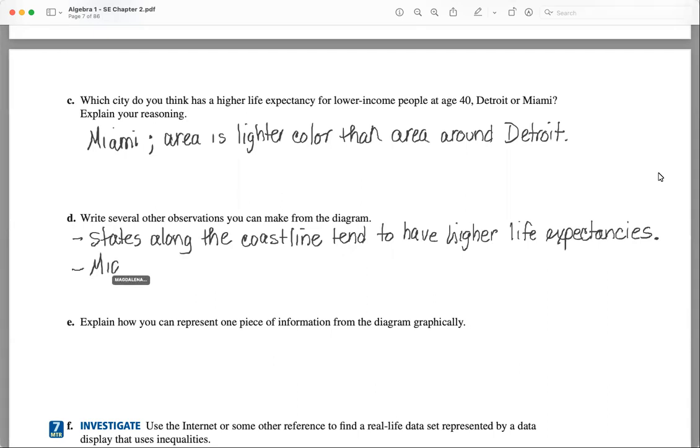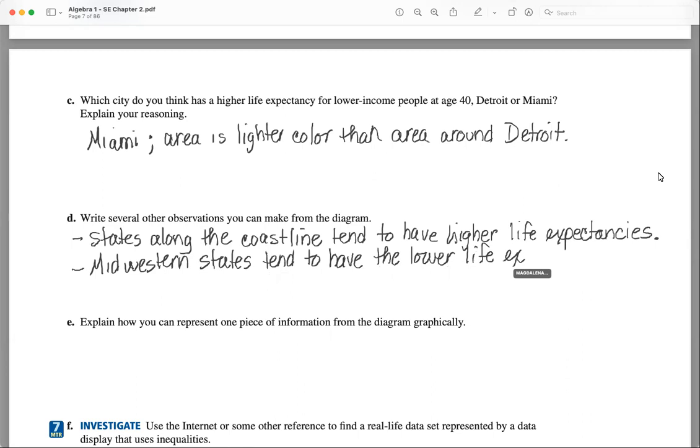Midwestern states tend to have the lower life expectancies.